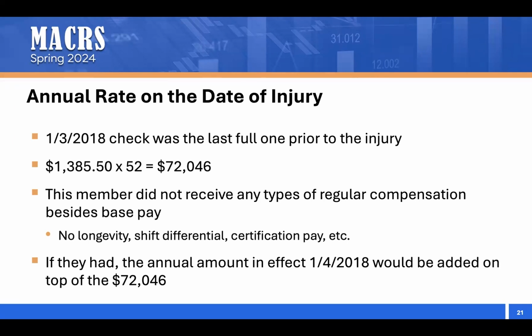If this person got things like longevity or shift differential, or he was holding a license, so he got a stipend for that, you would add those on top, the full annual amount. They're part of the annual rate as well. In this case, this person didn't have any of those, so it's just the 72,046 for the first number.